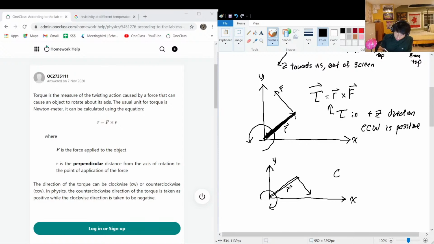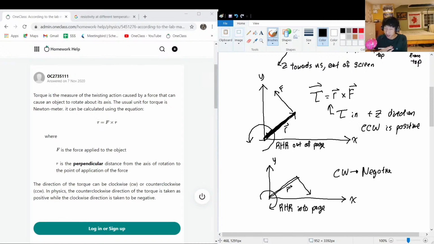So clockwise is negative. So this is our right hand rule, out of page. This is right hand rule, into page.